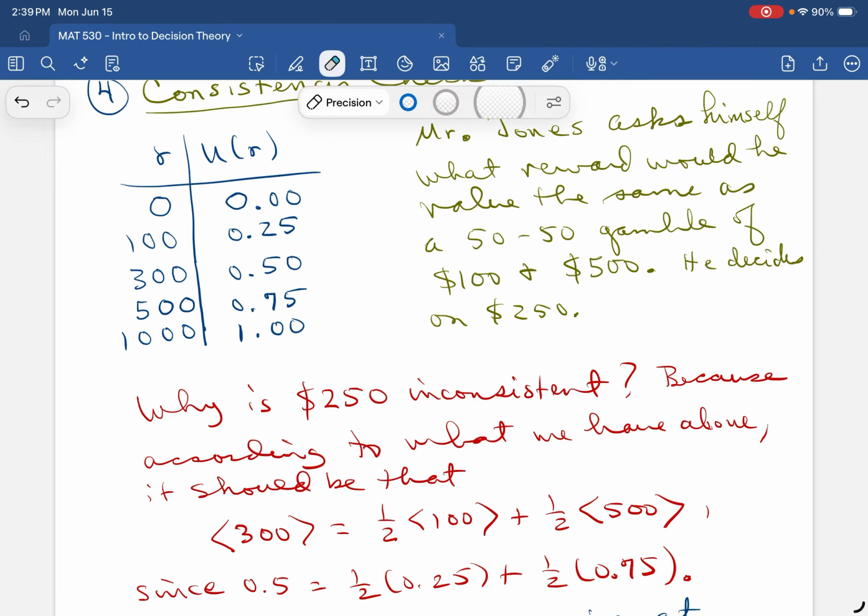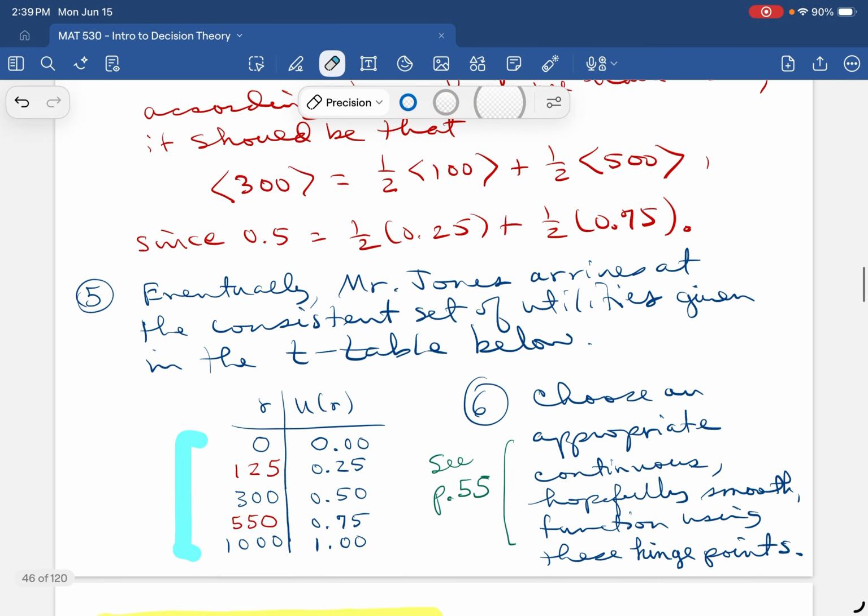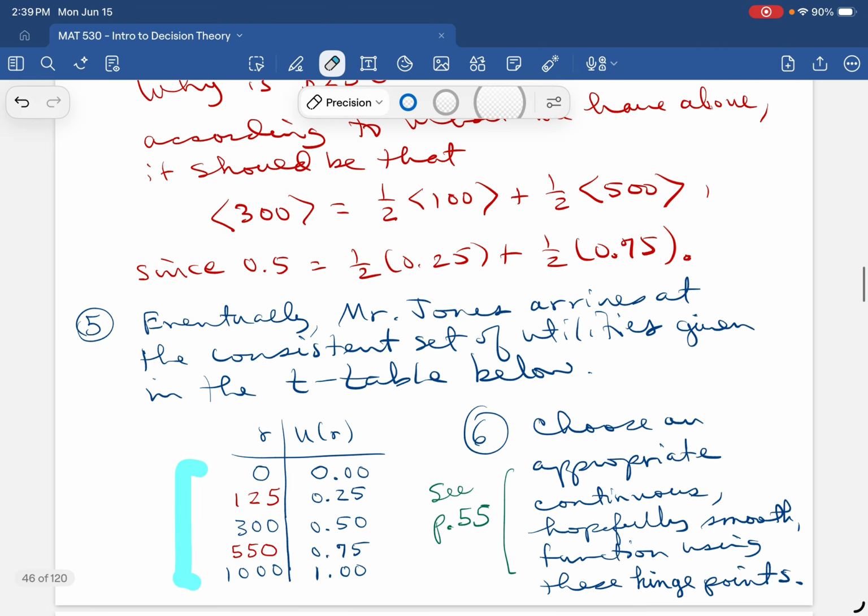And so at this point, he would just need to go back and readjust things. Let's just say that he eventually makes some adjustments and arrives at this consistent set of utilities.